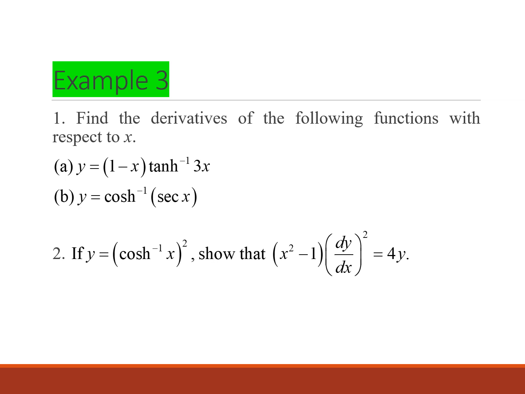There are two questions here. The first one is to find the derivatives of the following functions with respect to x, given the functions a and b. And the second question is, given y equals the inverse cos hyperbolic x square, you have to show that x square minus 1 multiplied with dy over dx square is equal to 4y.